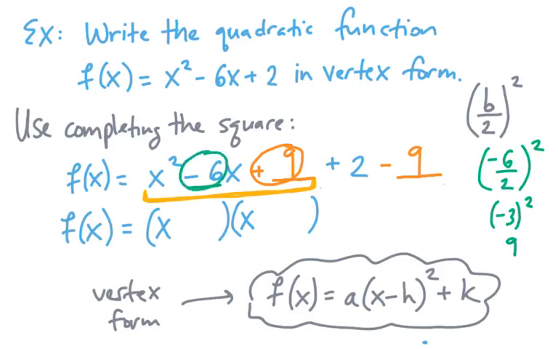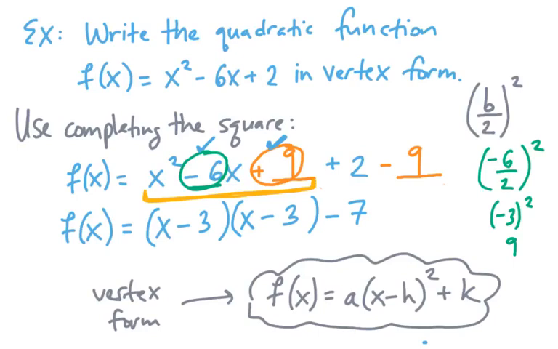And if you think through ways to multiply to +9, you have a couple options, but I don't think it'll take too long to realize that if you use -3 times -3, the product of -3 and -3 is +9, and the sum is -6. So that's starting to look better. At the end of the function, 2 minus 9 sounds like a -7, so just combining like terms there.